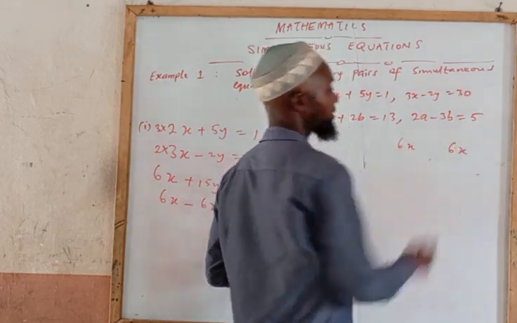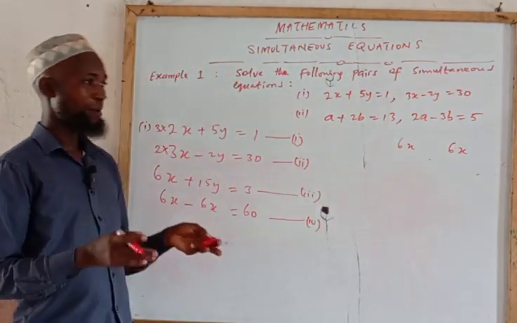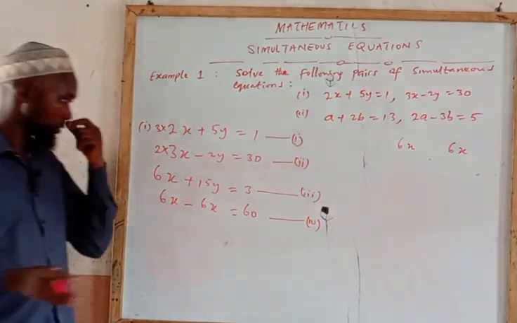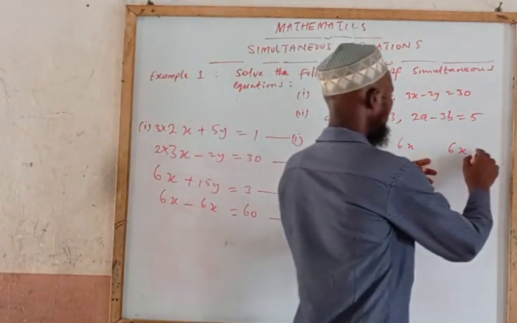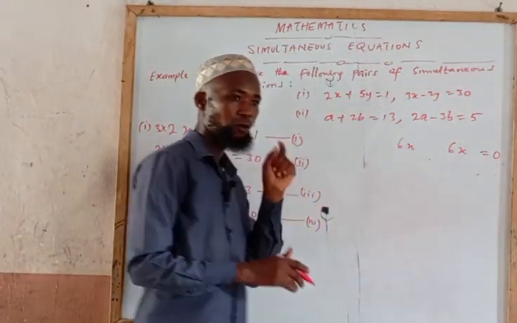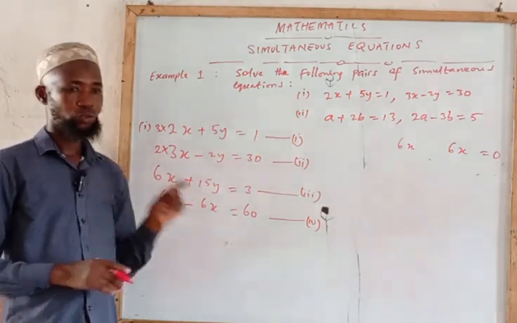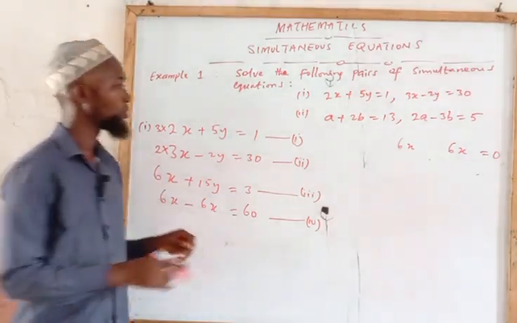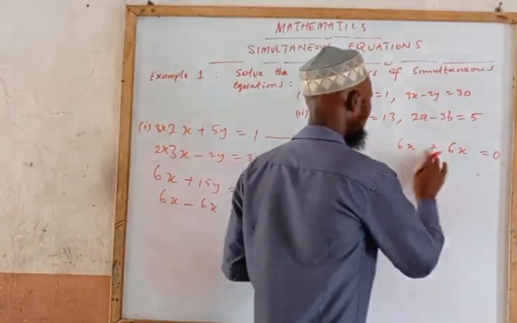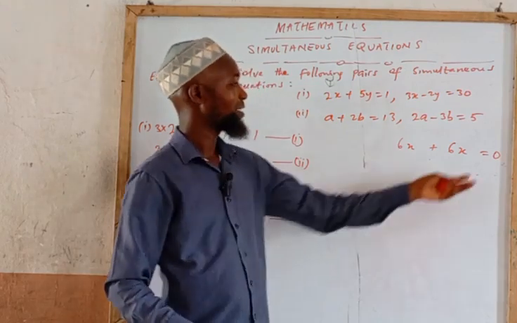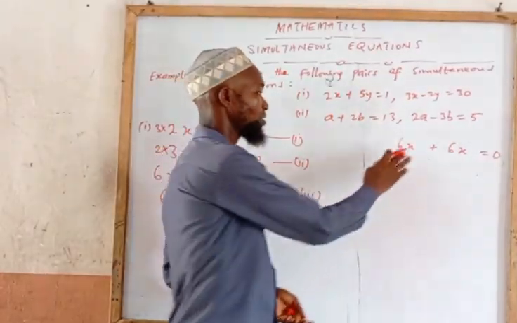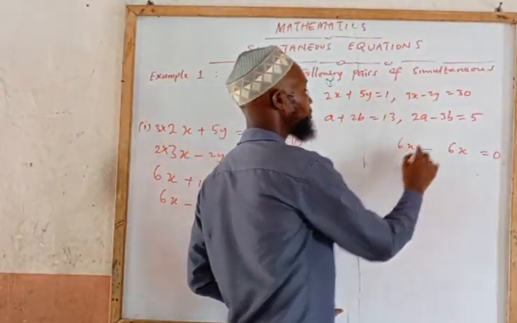I now have 6x in the second equation. And by the rule of elimination method, we want this and this to become 0. And we have two operators we can use, only plus and minus. When I try plus, when I say 6 plus 6, can this give 0? We can see that is not possible. What if we use minus?